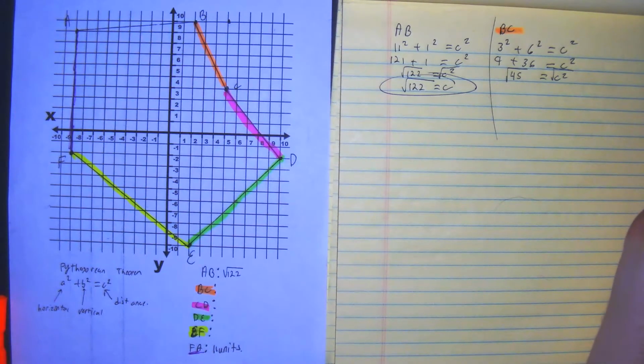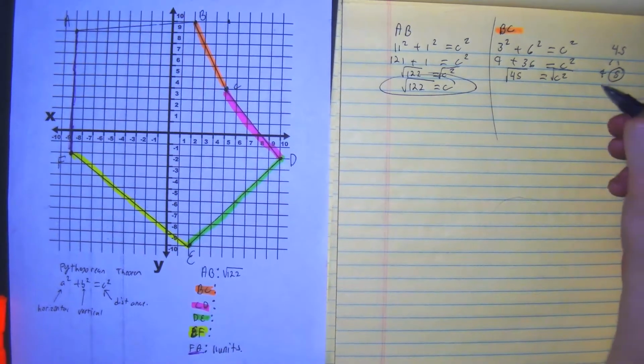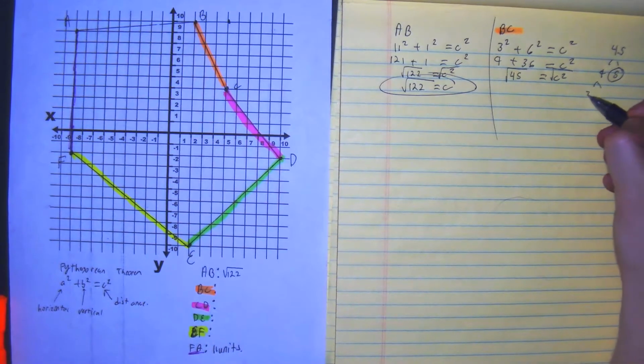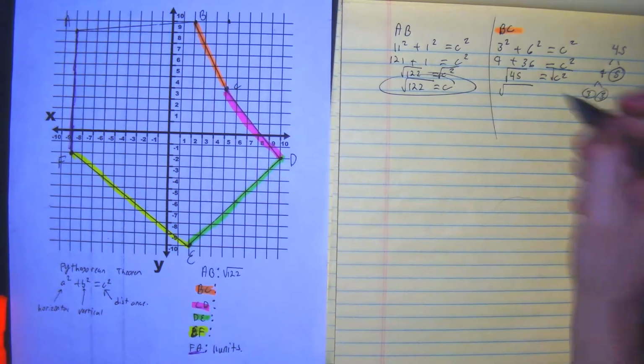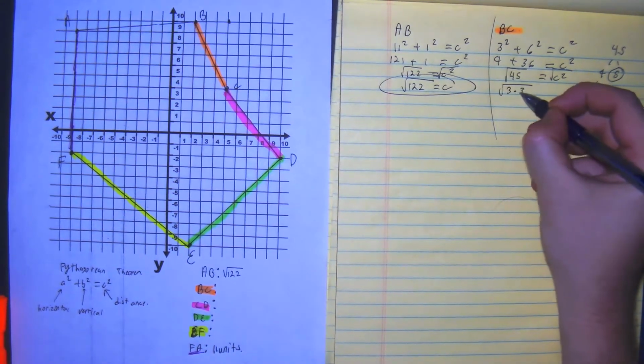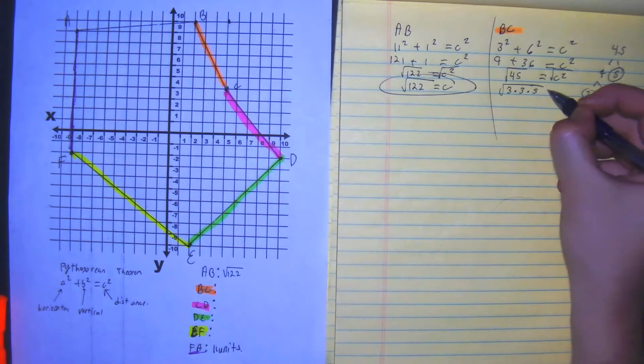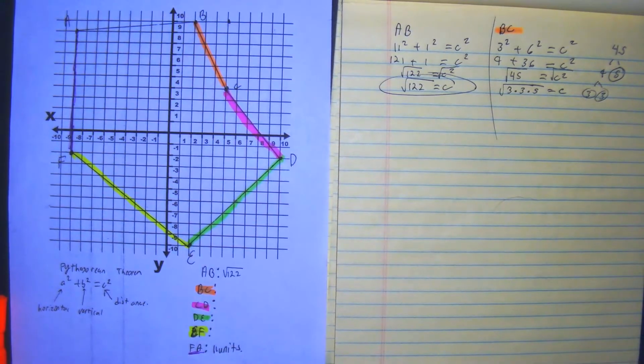So right here I can kind of see that we can break this number down, so let's do that right here. 45 breaks down to 9 and 5. 5 is prime. 9 can be broken down to 3 and 3. So now 45 is broken down to 3 times 3 times 5. So we broke it down to prime numbers.